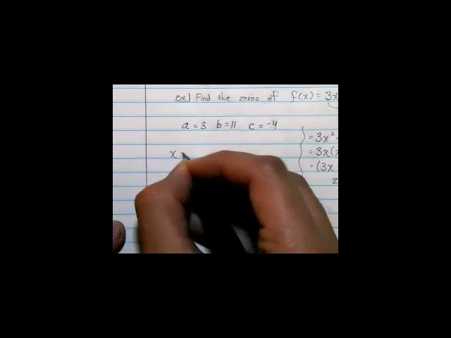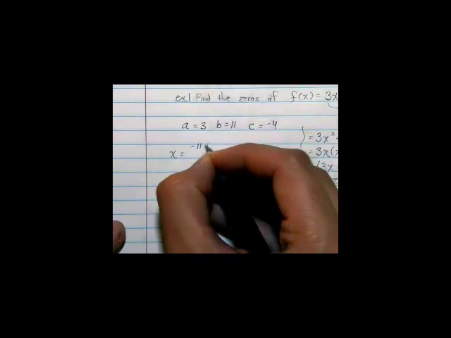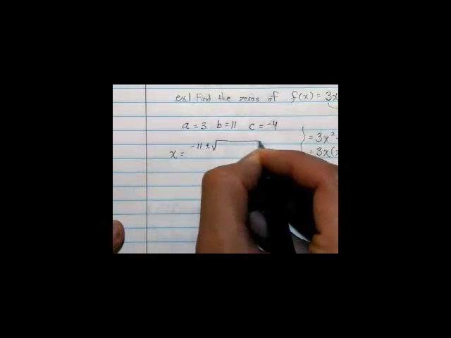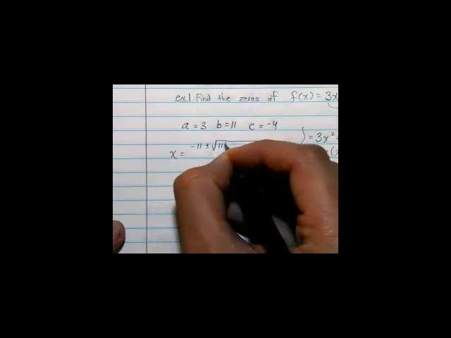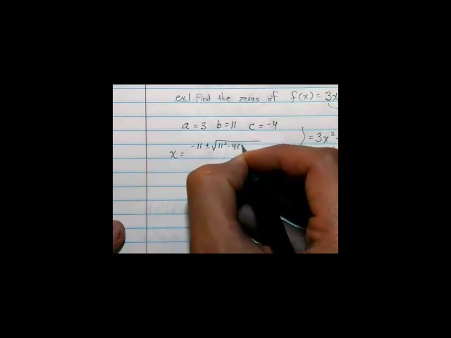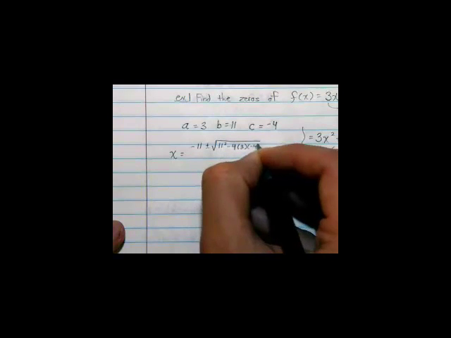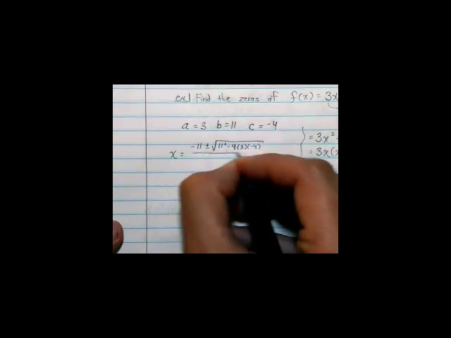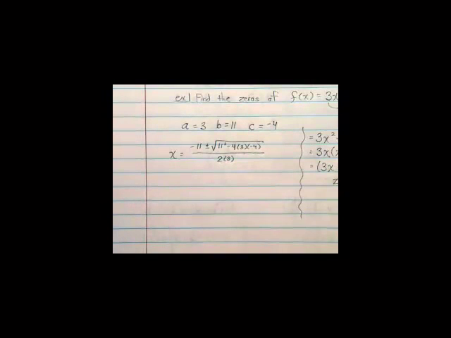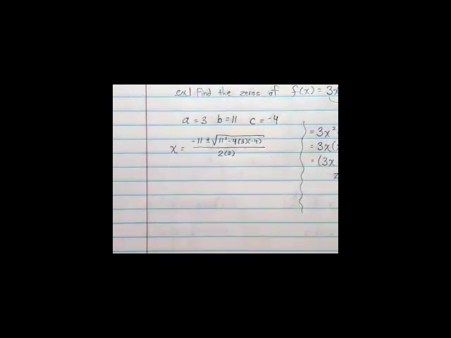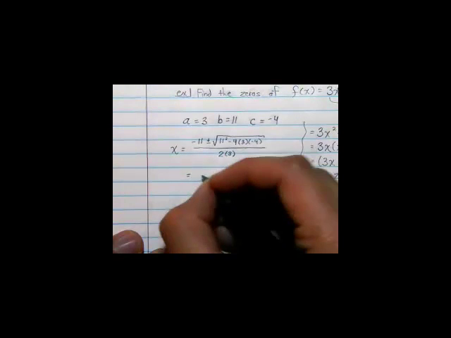So then we've got x equals negative 11 plus or minus the square root of b squared, 11 squared, minus 4ac, all divided by 2a. So when working with the quadratic formula, to be safe, just work under the square root first, get that down to one number, and then from there it's usually not too bad.